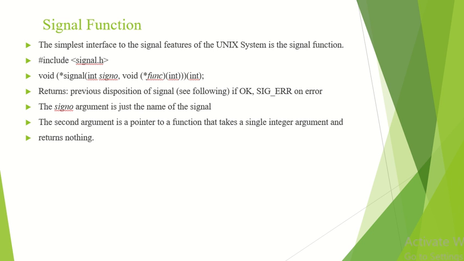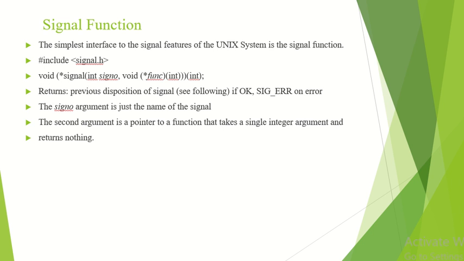Signal number is the argument, it is just the name of the signal. As I told you in the previous session, all signals are defined by positive integer constants in the header file signal.h.